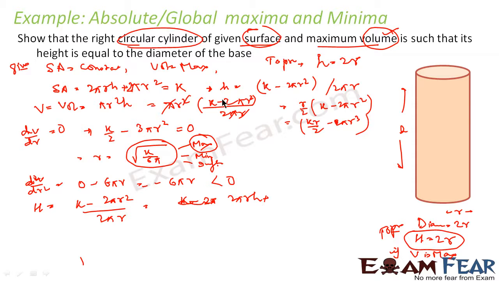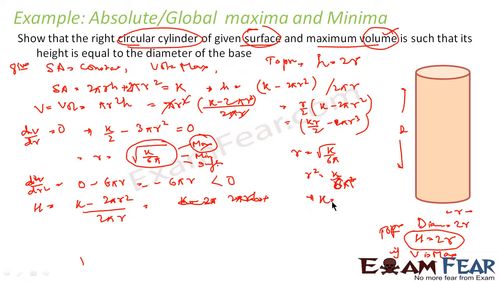Now if I can find the value of k, I'll put it in, and everything will be in terms of r. From r equal to root k by 6 pi, if you square both sides, r square is equal to k by 6 pi. So k is nothing but 6 pi r square.